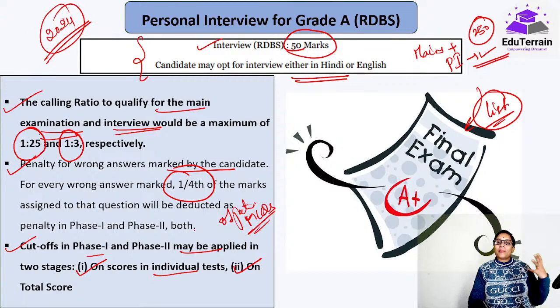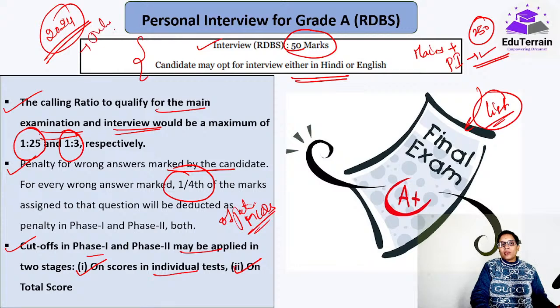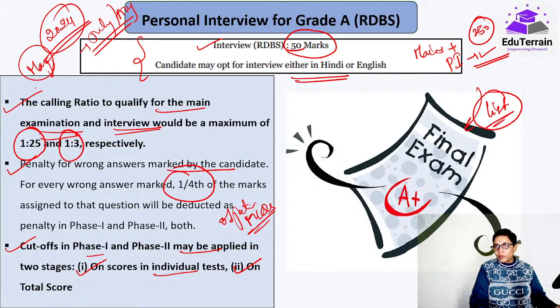See, generally if we look at past patterns of the last few years, barring 1 or 2 instances, NABARD has released the notification for Grade A every year, in the months of July and August. So this year also it almost comes after RBI. Since we are expecting RBI's notification somewhere around May, because elections are coming, otherwise it would have been in March, April. This year we are expecting that to be in May. So we are expecting NABARD's in the same July or August. So by that time the notification will be released.